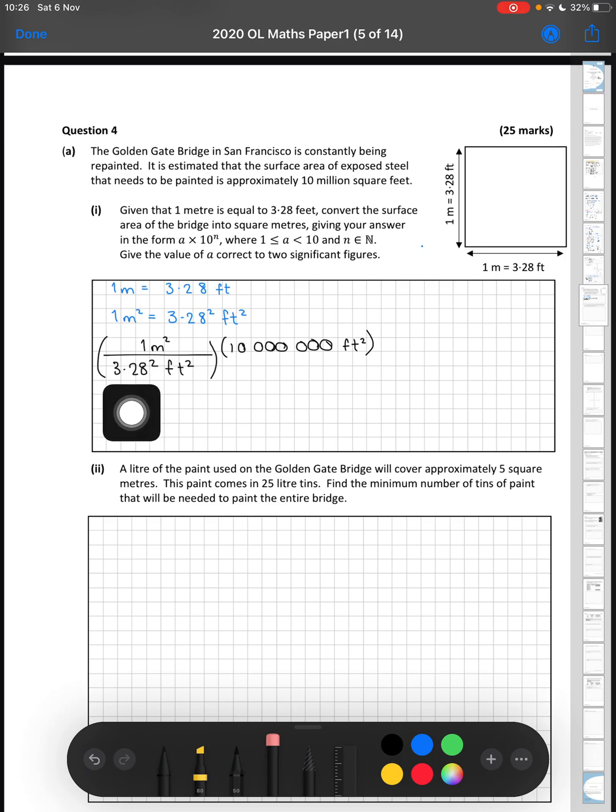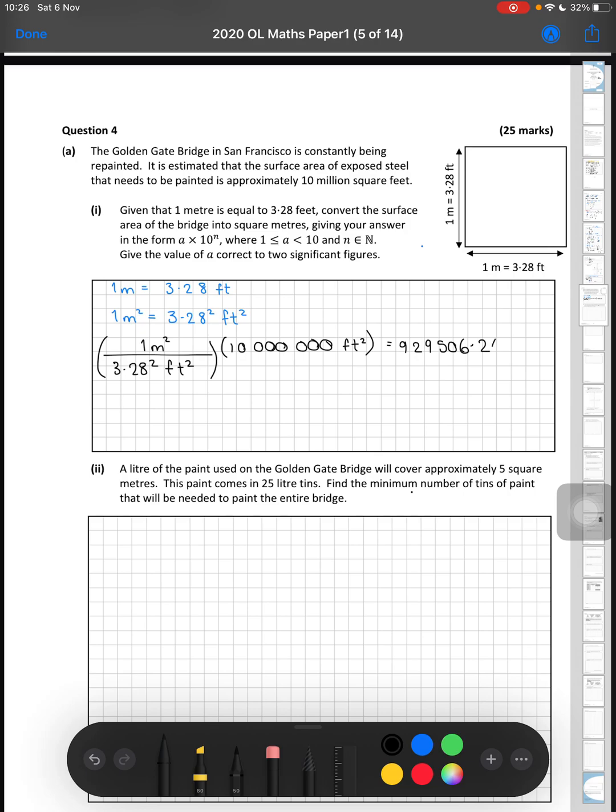Now that I have this, I can just put it into my calculator. We can ignore the units for a second and figure out what 3.28 squared is, because that's what's going to be on the denominator of my fraction. So 1 over 3.28 squared is going to be multiplied by 10 million.